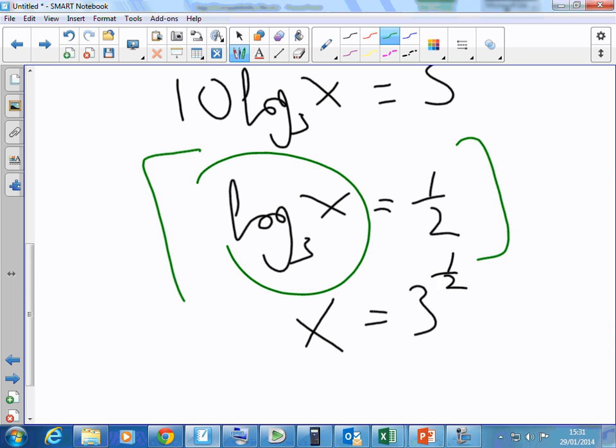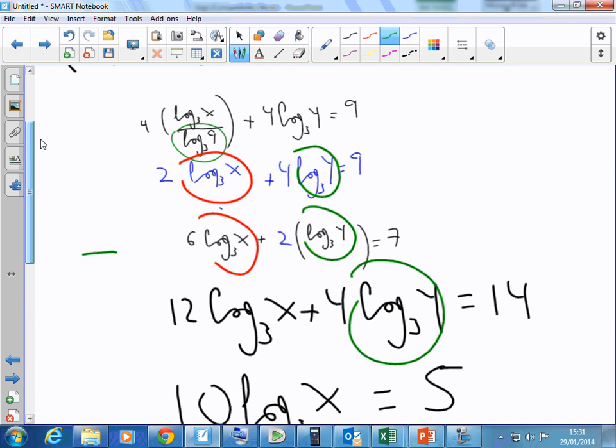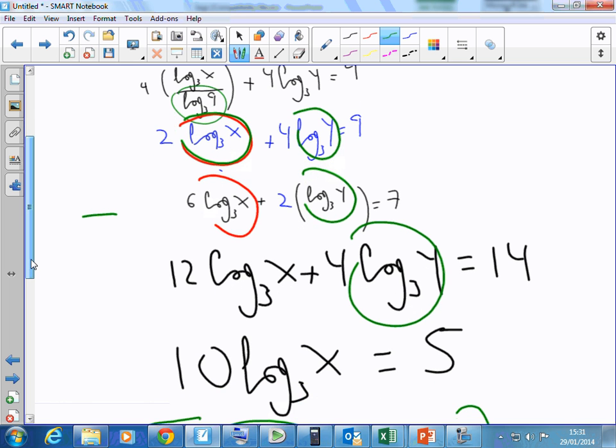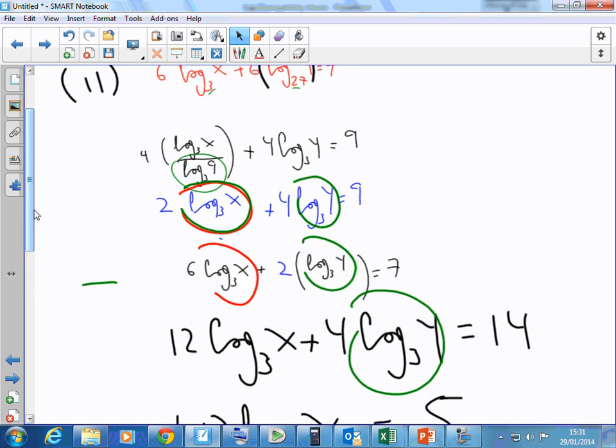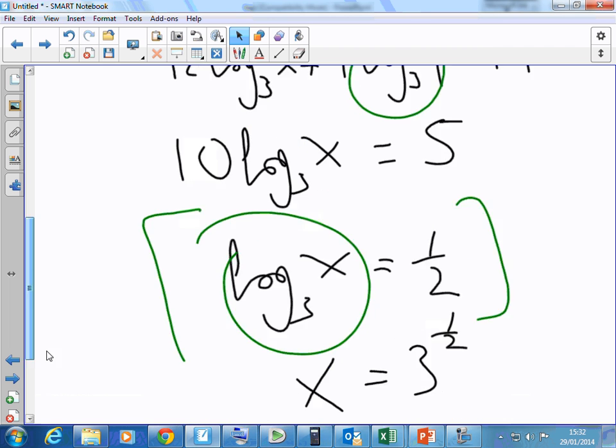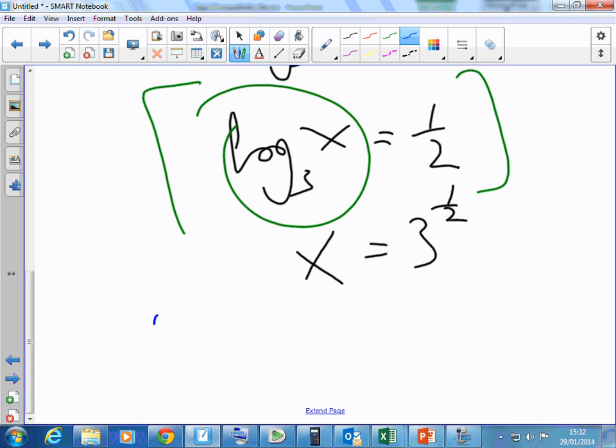So now I can replace this with a half. 2 times a half is 1. So I can have here 1 plus 4 log to the base 3 of y is equal to 9. Let me just write that. 1 plus 4 log to the base 3 of y is equal to 9.